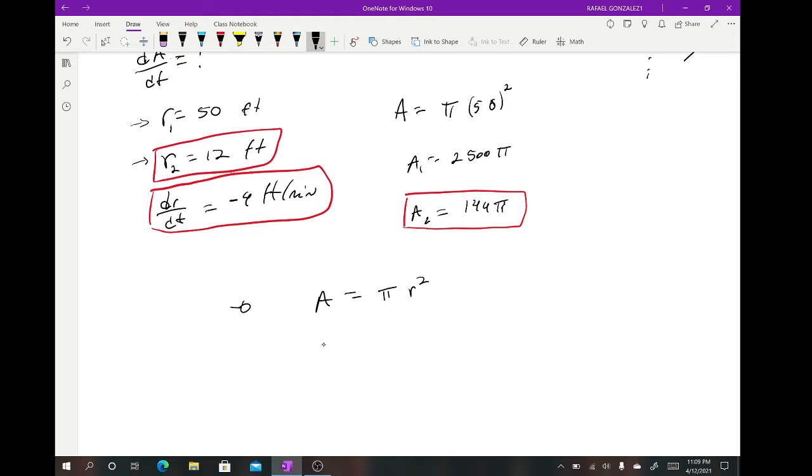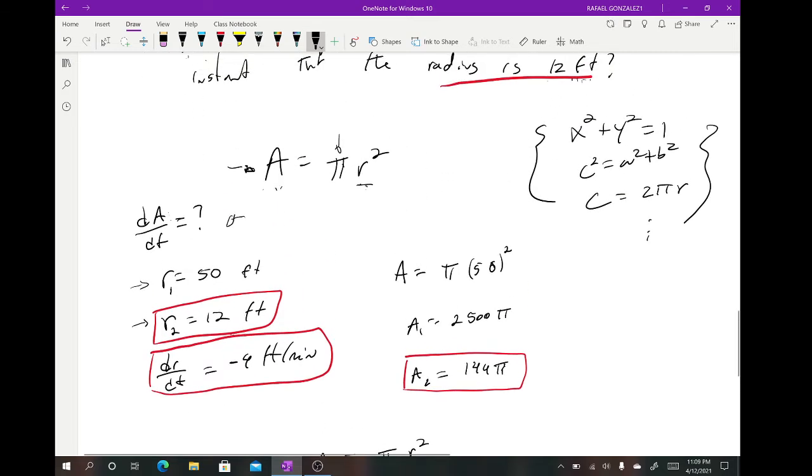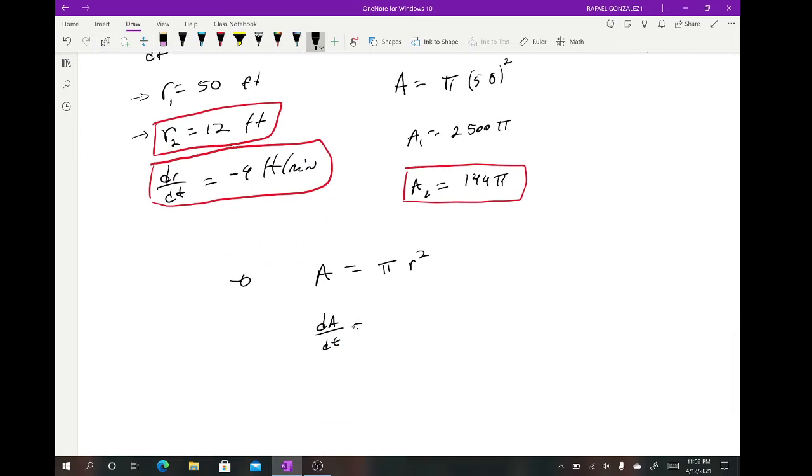We have that dA/dt, which is what we're looking for, is equal to pi times the derivative of r squared. Well, the derivative of r squared is 2r dr/dt times pi. This is by the chain rule. By the chain rule we get this dr/dt here.